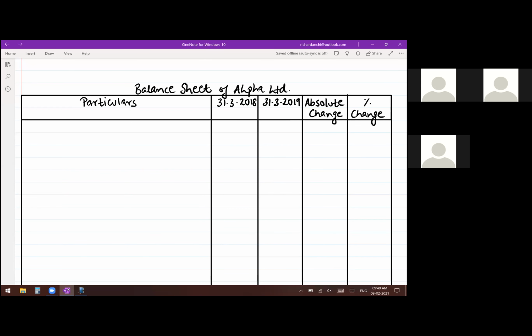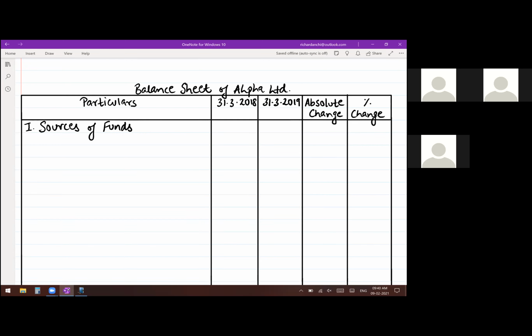Sources of funds will be written on top first. So write down Roman number 1, sources of funds. There are only two heads under the sources of funds. One is owners funds and one is borrowed funds.